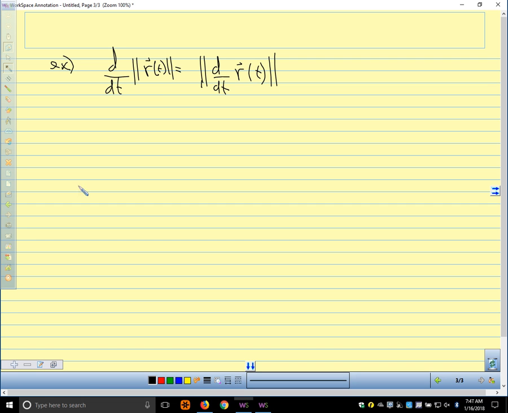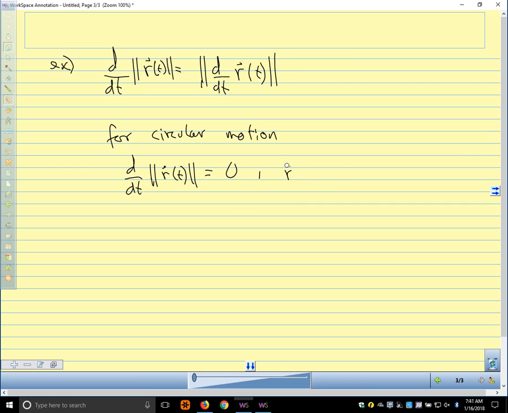So for circular motion, and I think this is kind of what you were thinking of, Jack, d/dt of the magnitude of r of t equals 0, because the magnitude of r of t equals the radius of the circle. So this could be true, but it doesn't have to be.